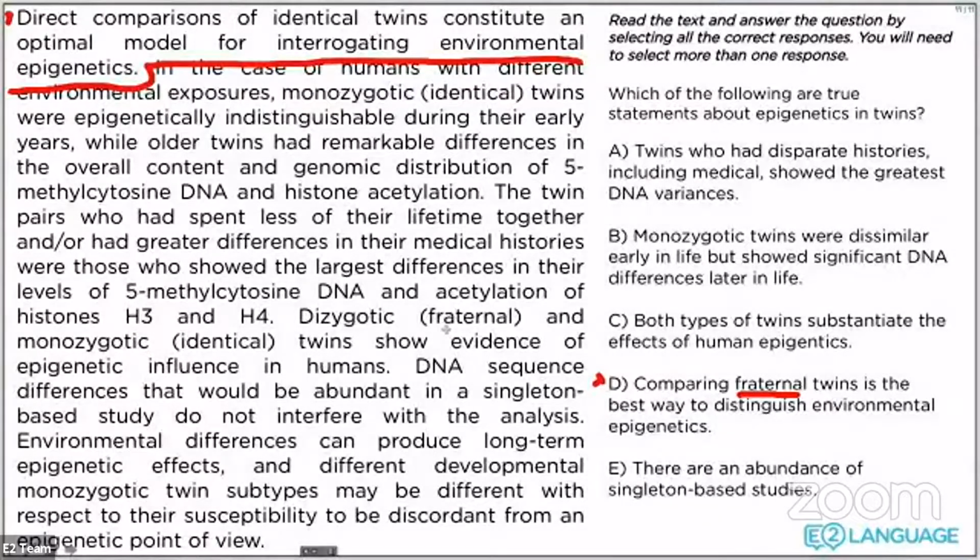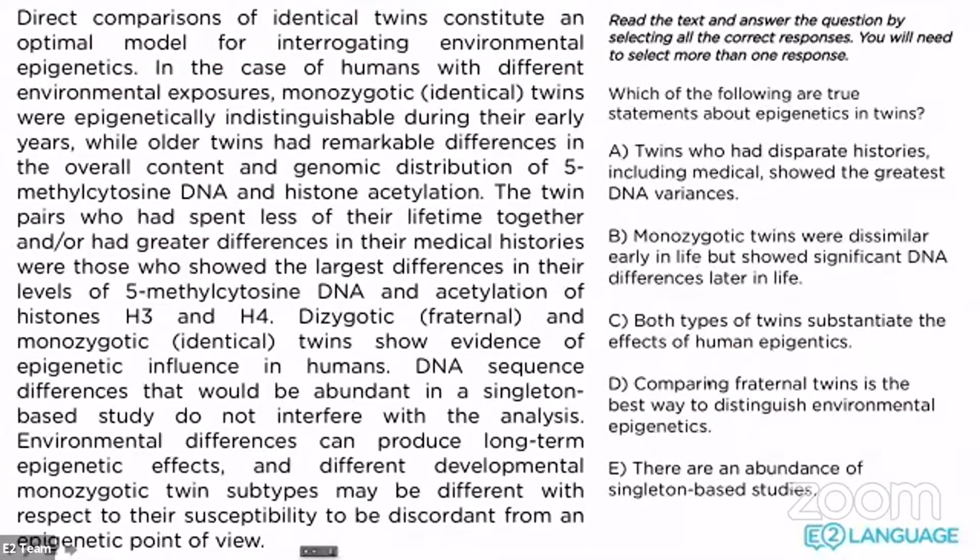Fraternal twins are the ones that are non-identical, different. But this one's talking about identical twins. So the answer to this one is going to be no, because this should be comparing identical twins. This one said something about fraternal. So I'm not going to choose D.